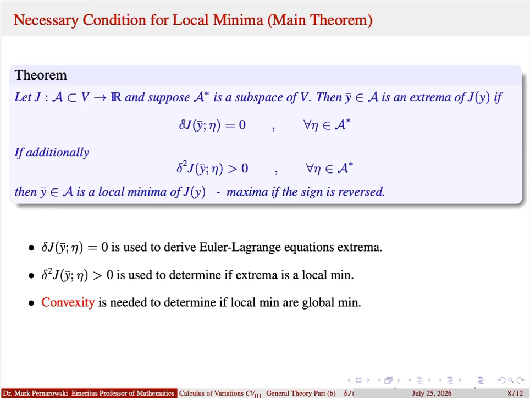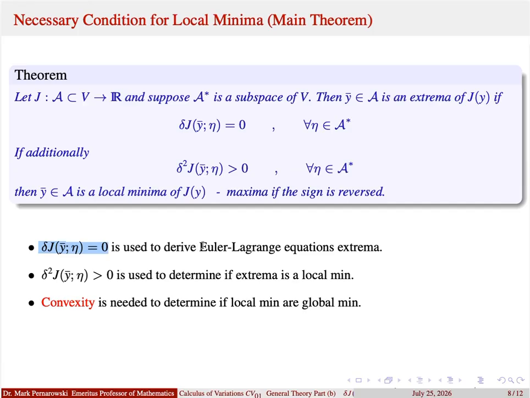If you want to know if it's a min or a max, you just go back to that power series of capital F. You've got a second derivative. If the second variation is positive, then it's got to be a local min. So in subsequent lectures, we're going to be considering what the first variation is and how I can make it vanish.